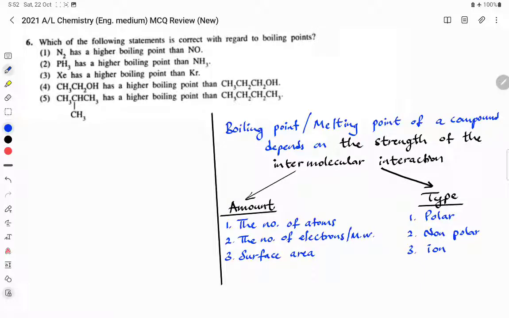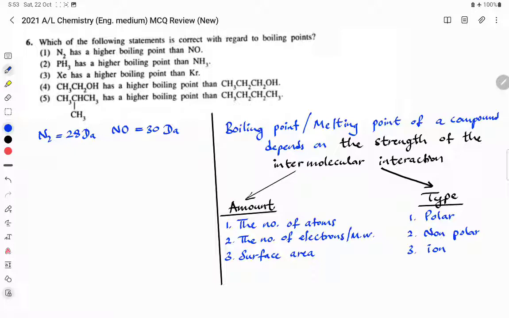Nitrogen is 28, NO is 14 plus 16, 30 daltons. So only a 2 unit gap is there. It's not a considerable difference. Surface area is also about the same. So there's no luck using the amount of interactions to compare the boiling points of these 2.